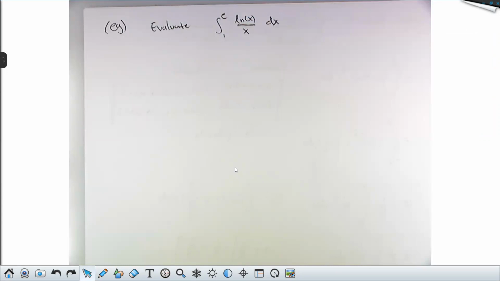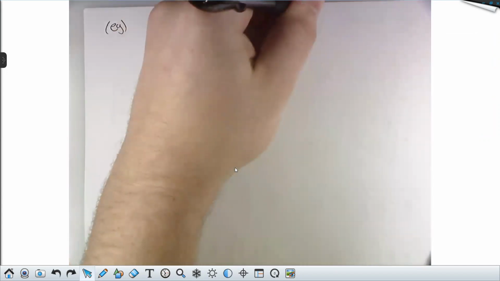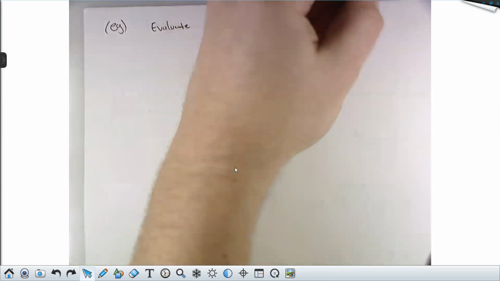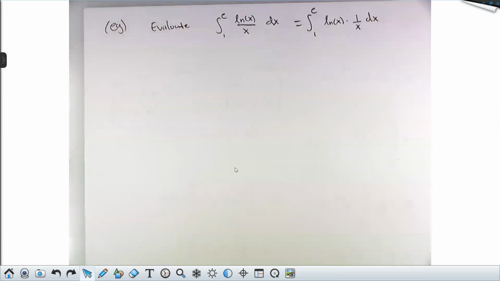So I think it would be helpful here to rewrite the integral like this. Remember, we are really looking for an inner and an outer, but we need the derivative of the inner function to show up also.